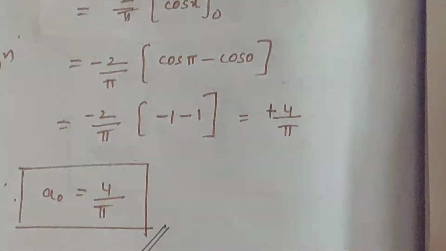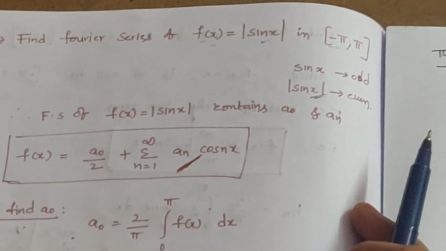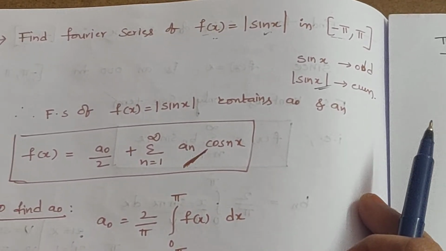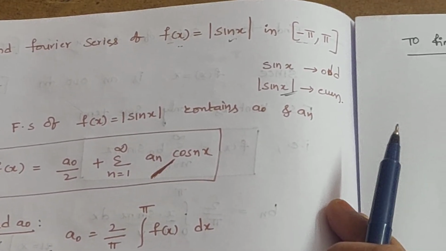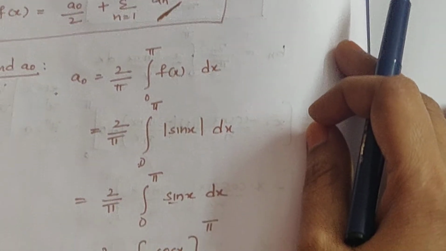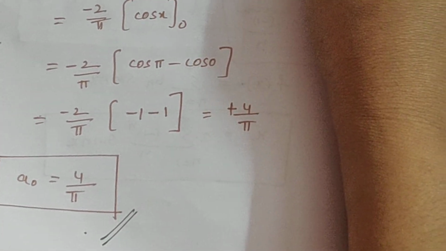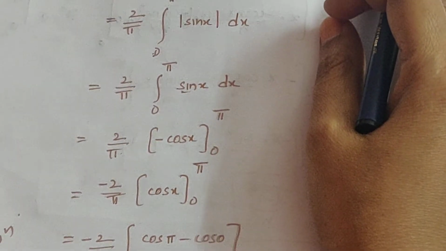Now to find an. Observe that if the interval in the problem is minus pi to pi, we have a chance to check whether the given function is even or odd. If the given function is even, then the Fourier series contains only cosine terms, that is both a0 and an terms.